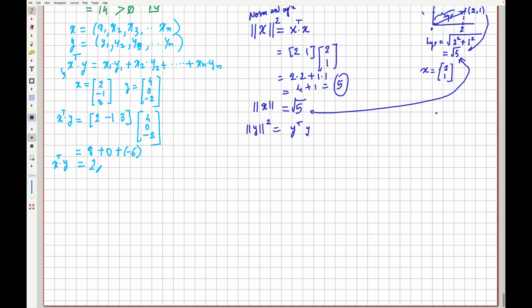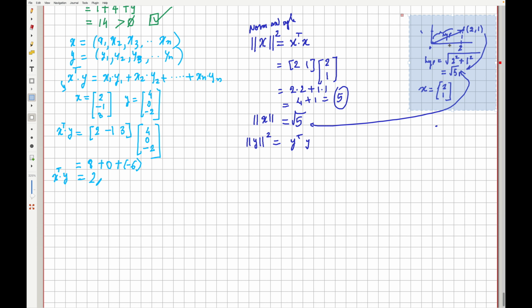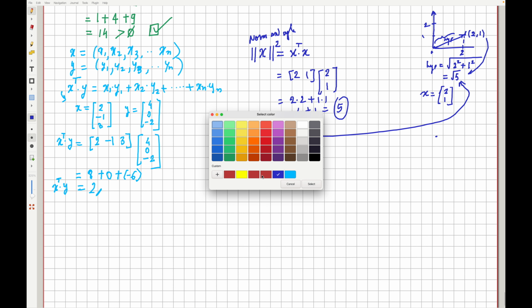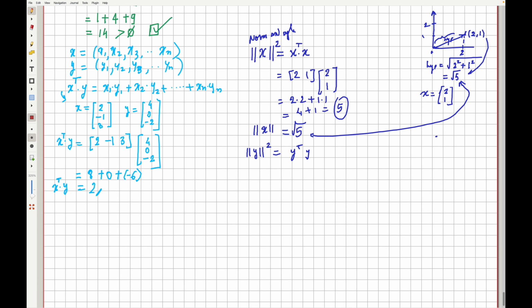Let me move this page down a little. So if we are right here, we have 2, and our vector y happens to be on 1. Let's say we are at (1, 2), the other way. So our y is the vector (1, 2).